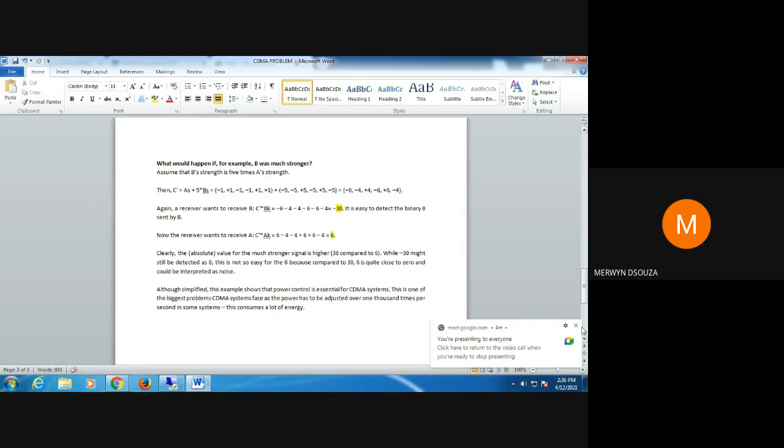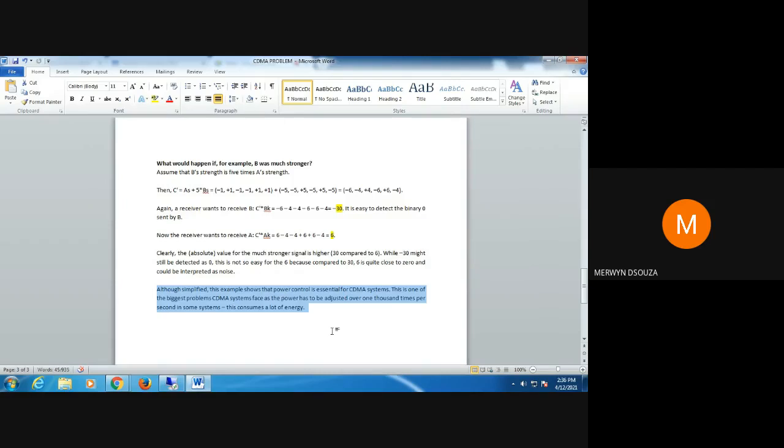In other words, in CDMA you need to use some kind of power control. While transmitting the data, you need to apply some power to send a signal. You have to amplify the signals in a certain manner sometimes, so that the data is sent properly and received properly.